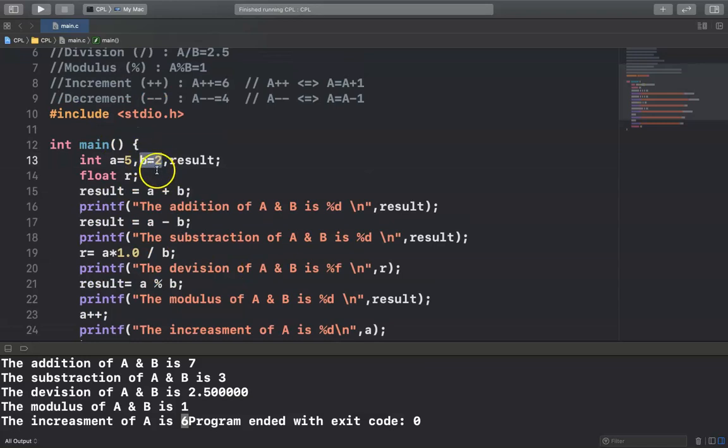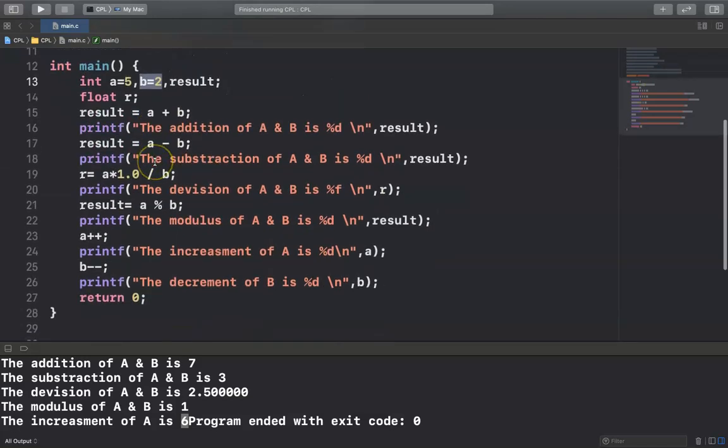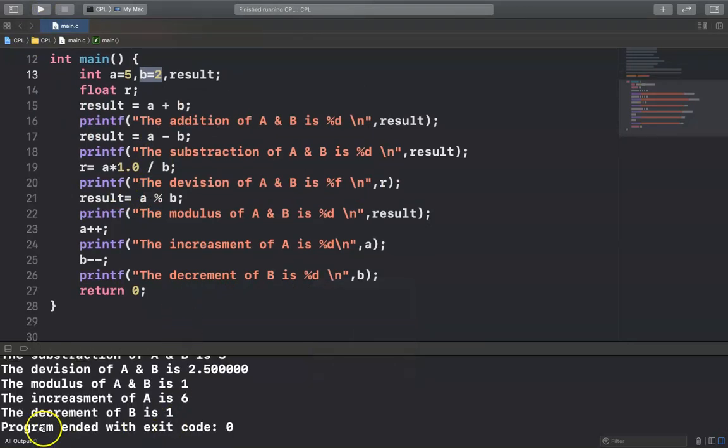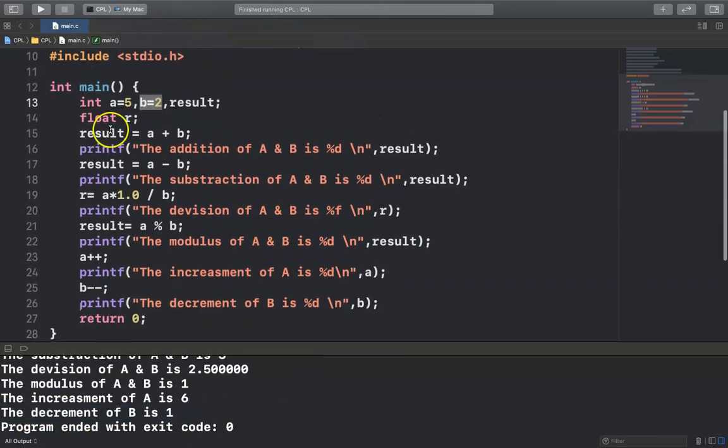So the decrement of B should be 1. Let me run it. You see here, the decrement of B is 1. Let me give you one more example.